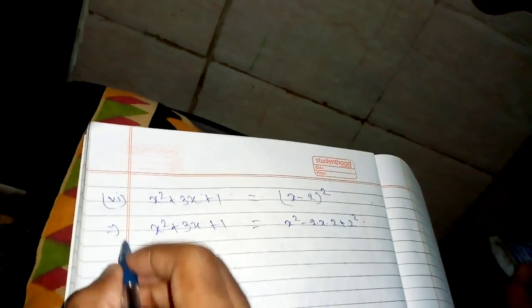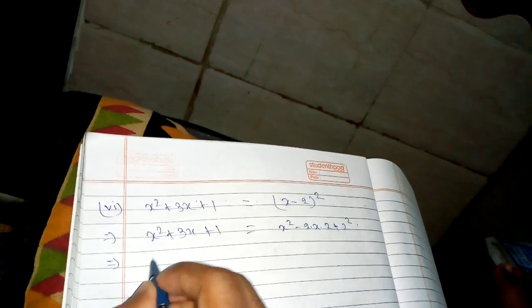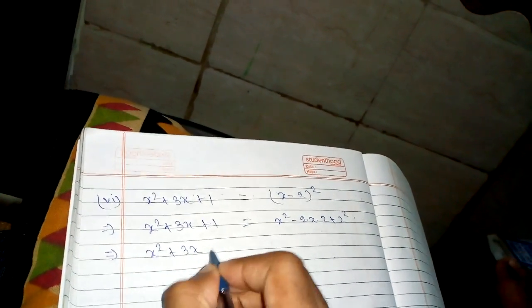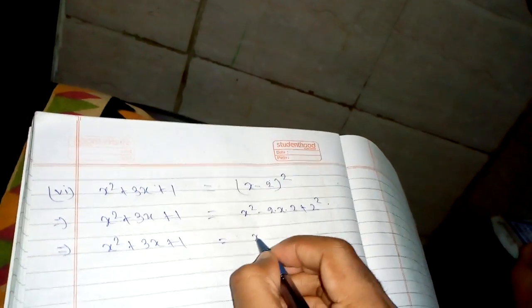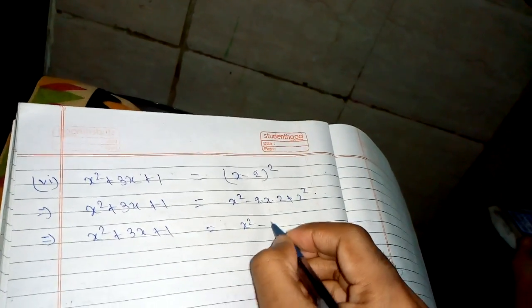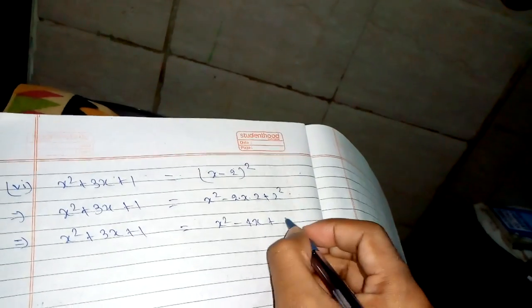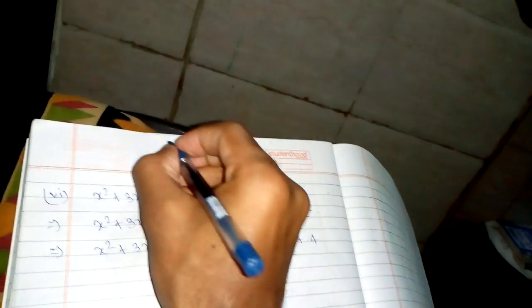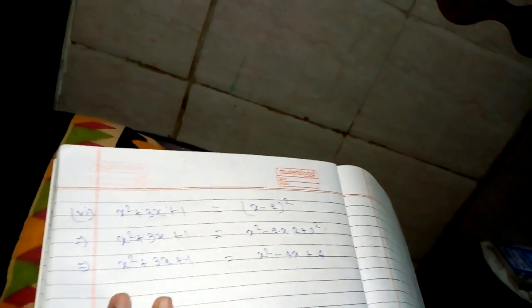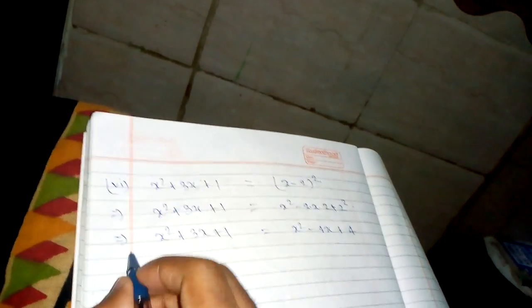Okay, this is the formula and there is no change here. Here is x square minus 4x. Okay, 2 square will become 4, because 2 multiplied by 2 will give 4.